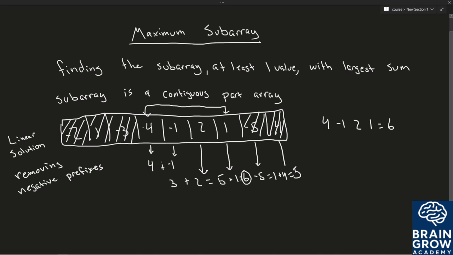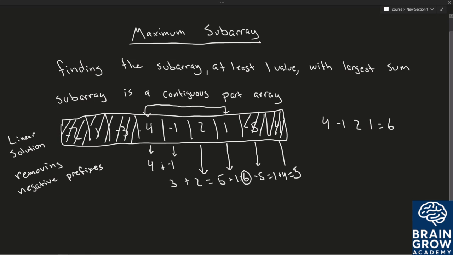It means that it doesn't make sense for us to start out with a 1 value here followed by a -2, so get rid of it. Or in this case, where we had our 4, we had a -2 that was a prefix to the 4. So it doesn't make sense for us to start out with this -2 that we got from these two values.